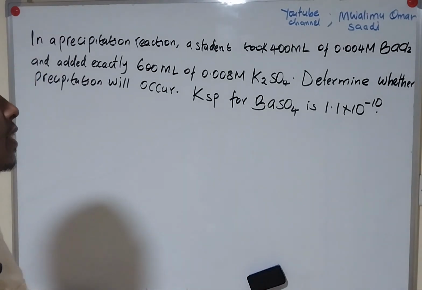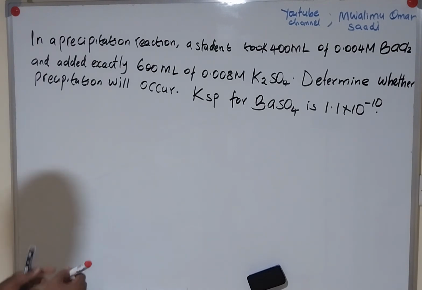So first we write the equation between barium chloride and potassium sulfate.